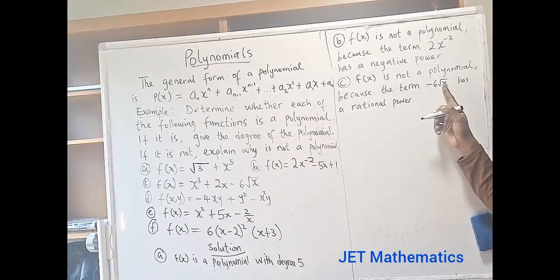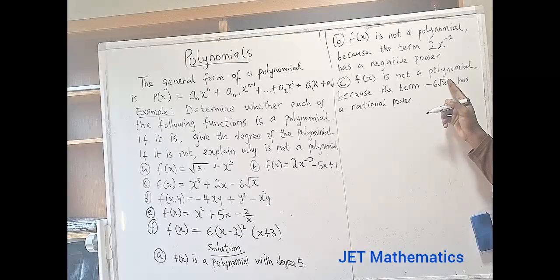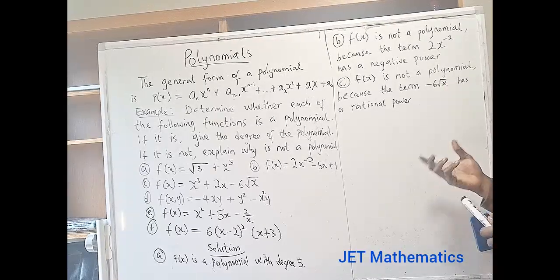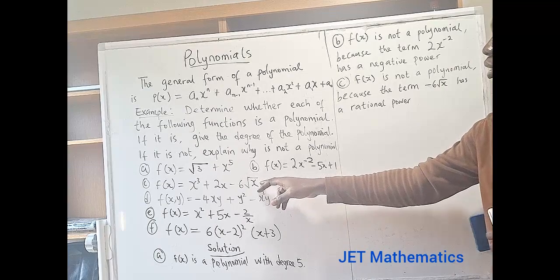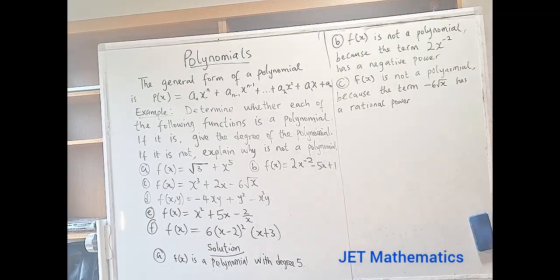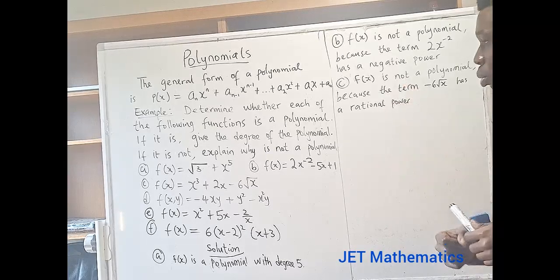You discover that the power of x here is 1 over 2, and that is a rational power. So that makes it not a polynomial.